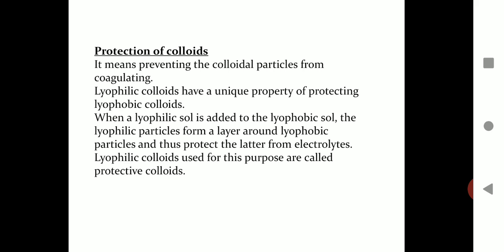So, when a lyophilic colloid is added to a lyophobic colloidal solution, then the lyophilic particles form a layer, a sheath around the lyophobic particles and thus protect them from the electrolytes. Such type of lyophilic colloids which are used for protecting lyophobic sols, that is preventing them from coagulating, are known as protective colloids.